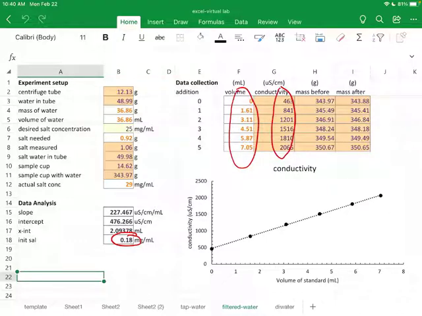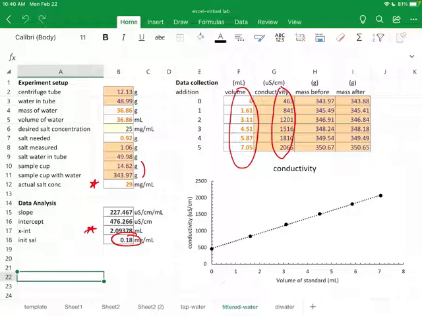We can get that from several numbers here. We need the x-intercept, we need the actual salt concentration, and we need the volume that we obtain from these two values rather, the sample cup and the sample cup with water.